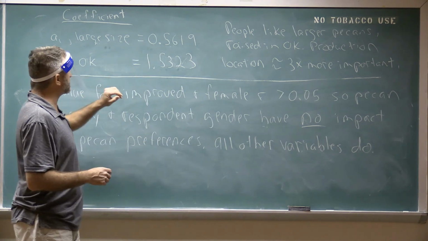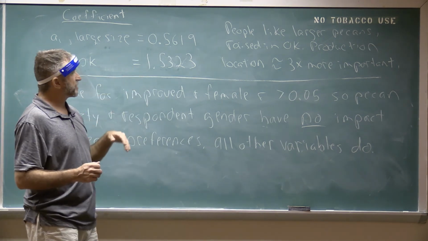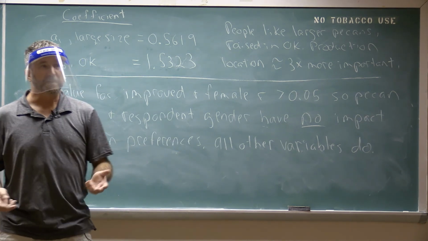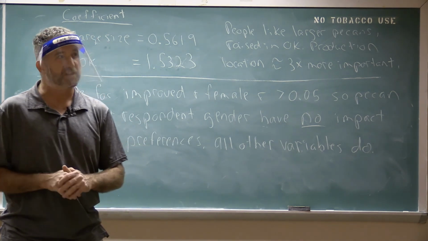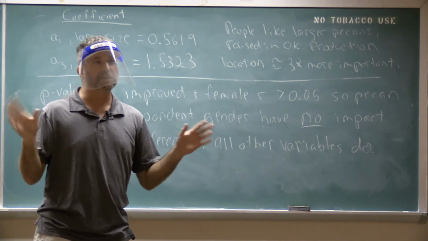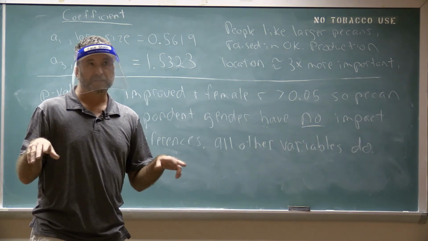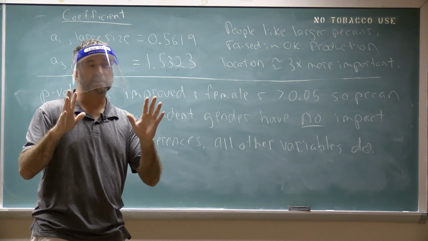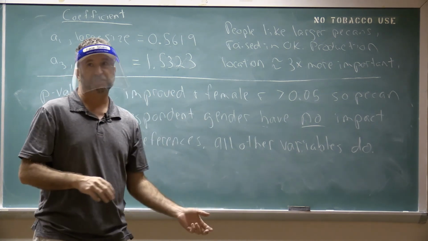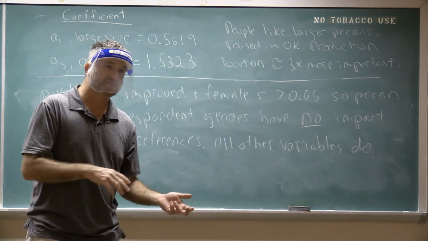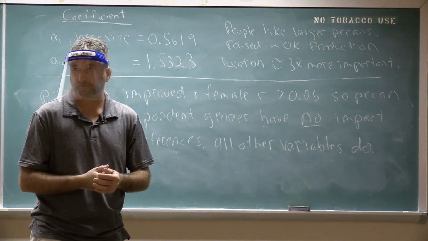So while both of these matter, that location coefficient is about 3 times bigger, and so that tells us that location is the thing that really matters most, at least in how we described it here. The definition of location here is Oklahoma compared to Mexico. If it was Oklahoma compared to Texas, it might not be the same thing.